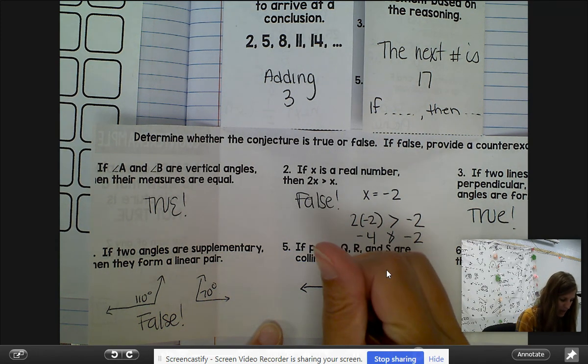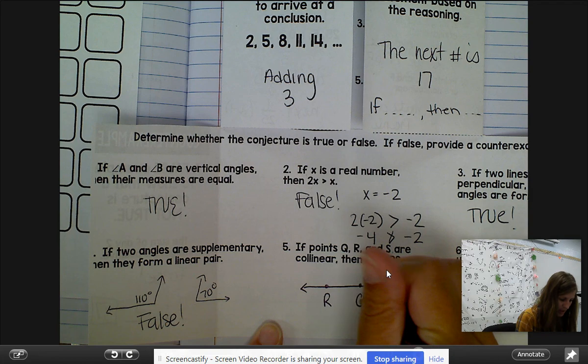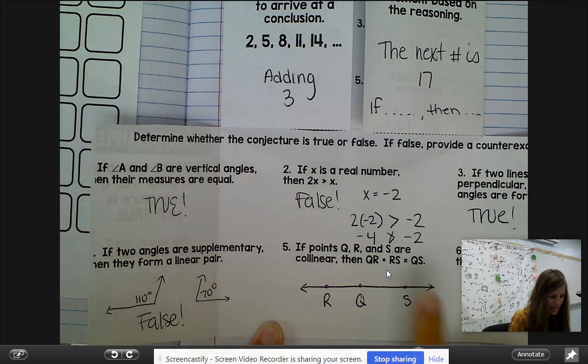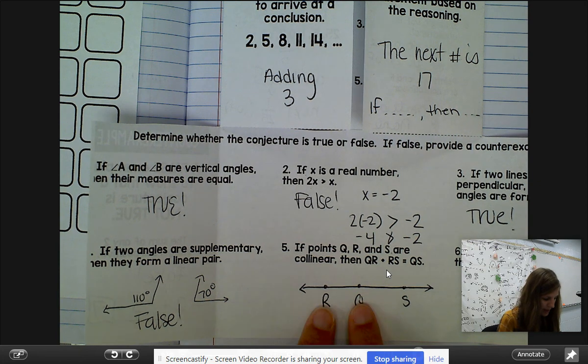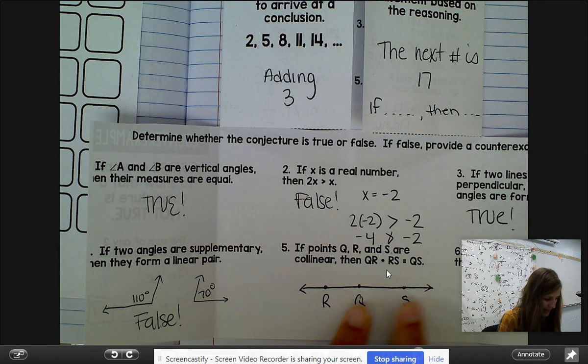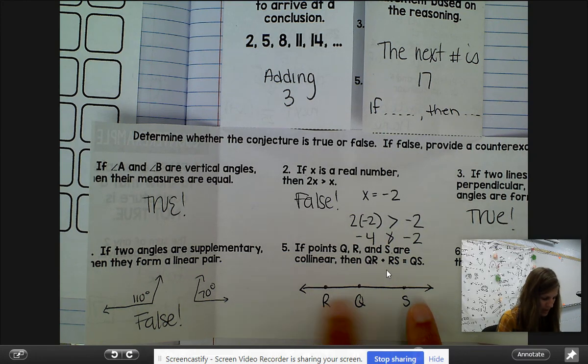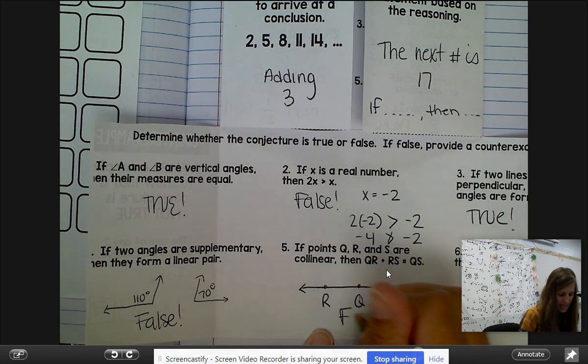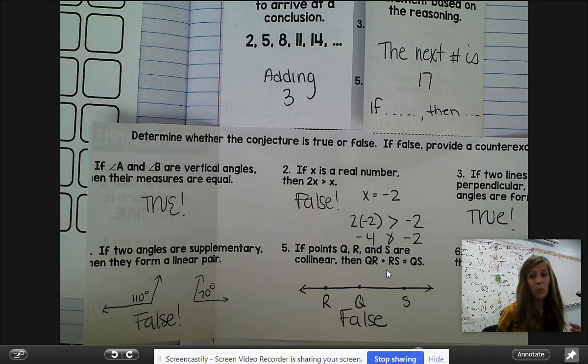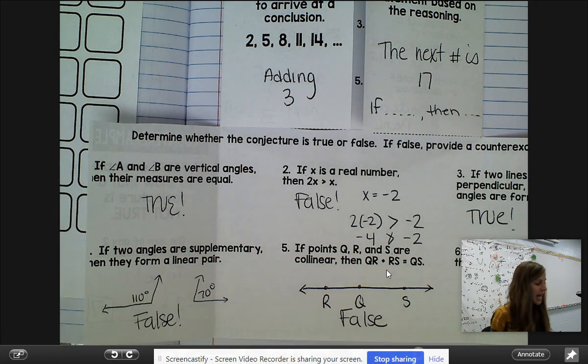I could put it RQS, and then that statement would not be true because QR plus RS would not equal that. I have like the small piece, the whole thing would equal this smaller piece, and that is not true. So if I draw this picture here, I can see that that statement is false. That betweenness really matters when it comes to segment addition.